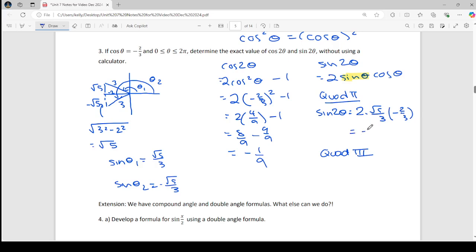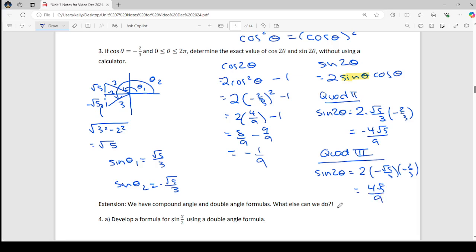This makes negative 4 root 5 over 9. 3 times 3? 9. Okay, in quad 3, sine 2 theta will be 2 times negative root 5 over 3. Cos is negative 2/3. So this makes positive 4 root 5 over 9.